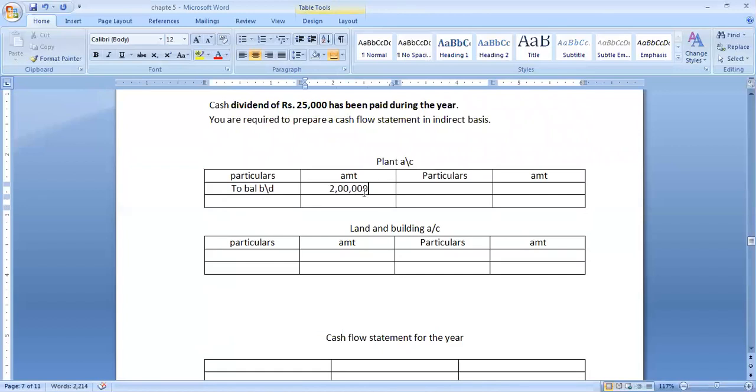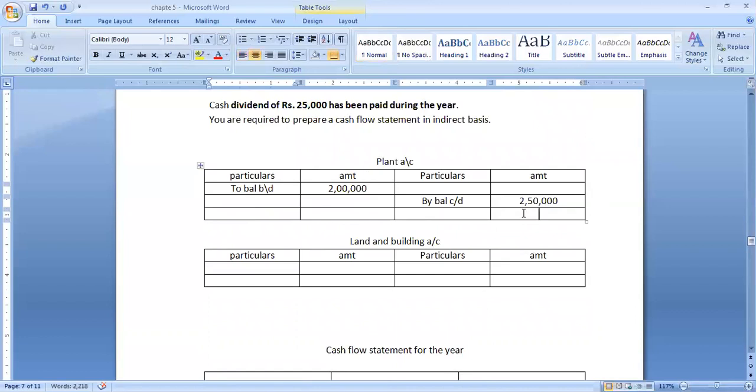You have taken. There is also the balance which is carried down. What is the value of carried down? It is 2 lakh 50,000. Okay. So 2,50,000 is the value you got.